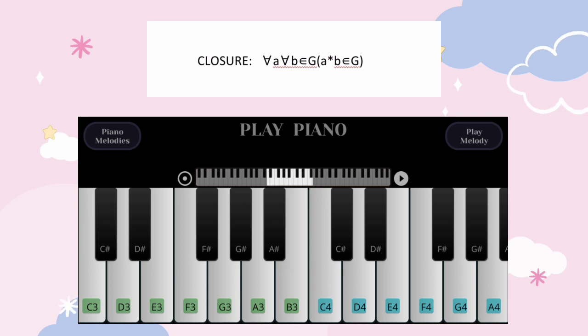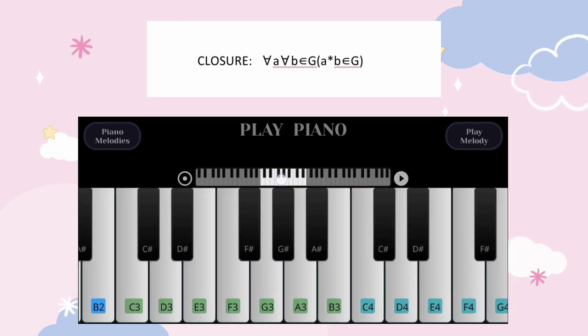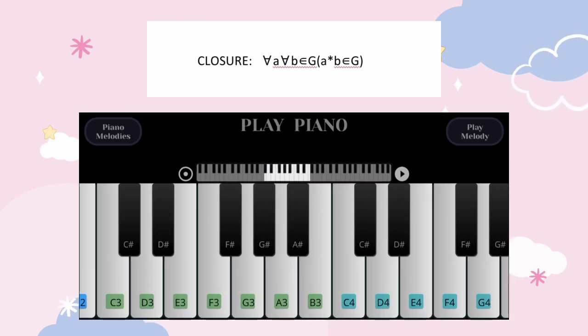Since we're doing addition mod 12, once we get to the major 7, we go back to 0 again. And so 7 plus 7 actually gives us 2 under addition mod 12. That is interval 2, and that corresponds to D. So it's the same note as it would be outside the octave, but it's contained within the group.